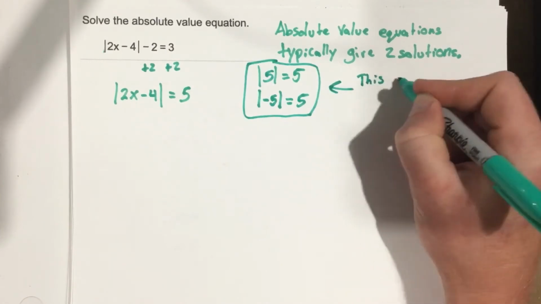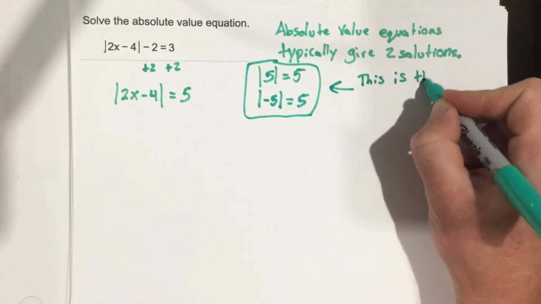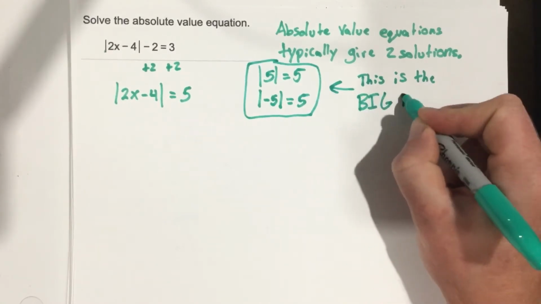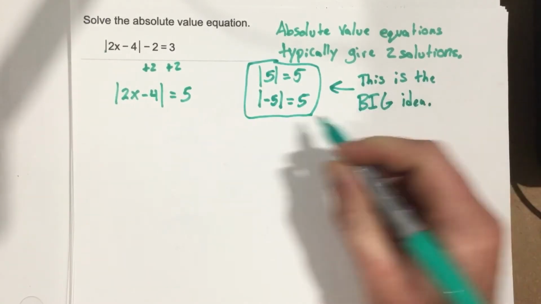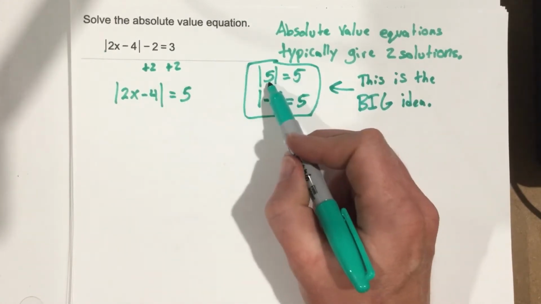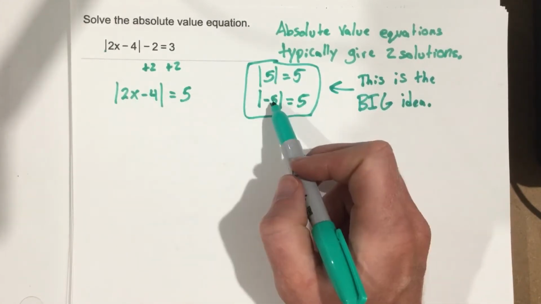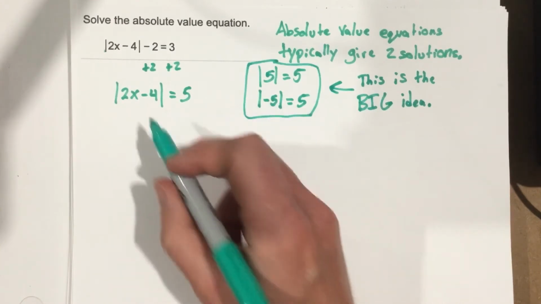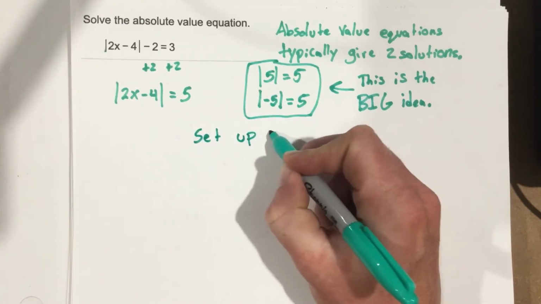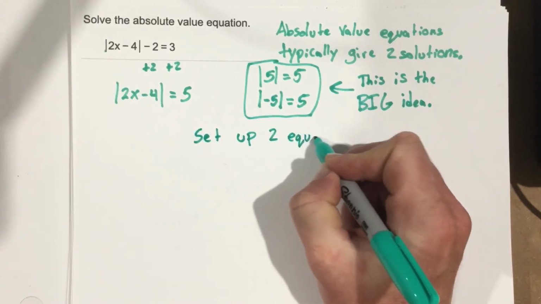This is the big idea, because now we know that 2x minus 4 has to equal 5, or 2x minus 4 has to equal negative 5. So at this point, we want to set up two equations.